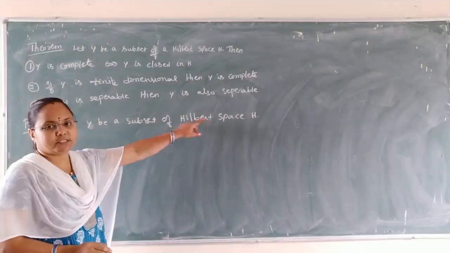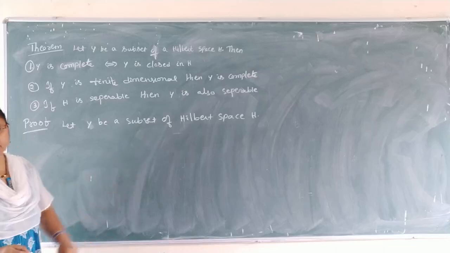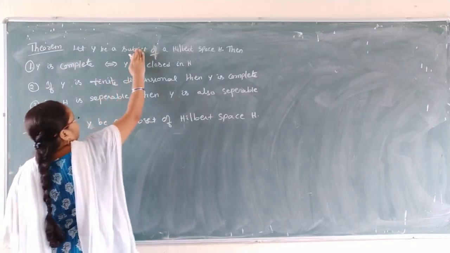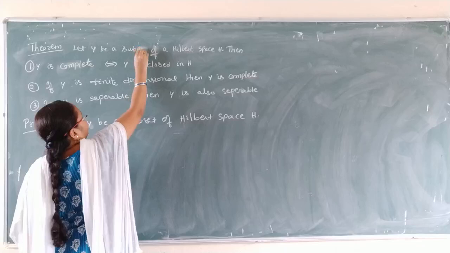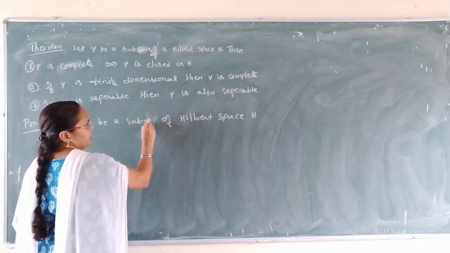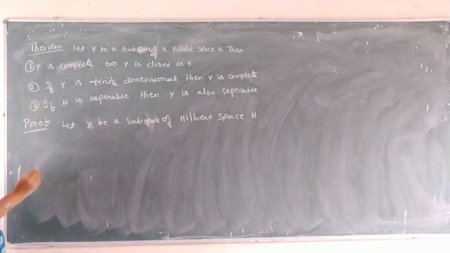First one, H is a Hilbert space. Second one, y is a subspace, not a subset, of H. By using this, we have to show the conditions.